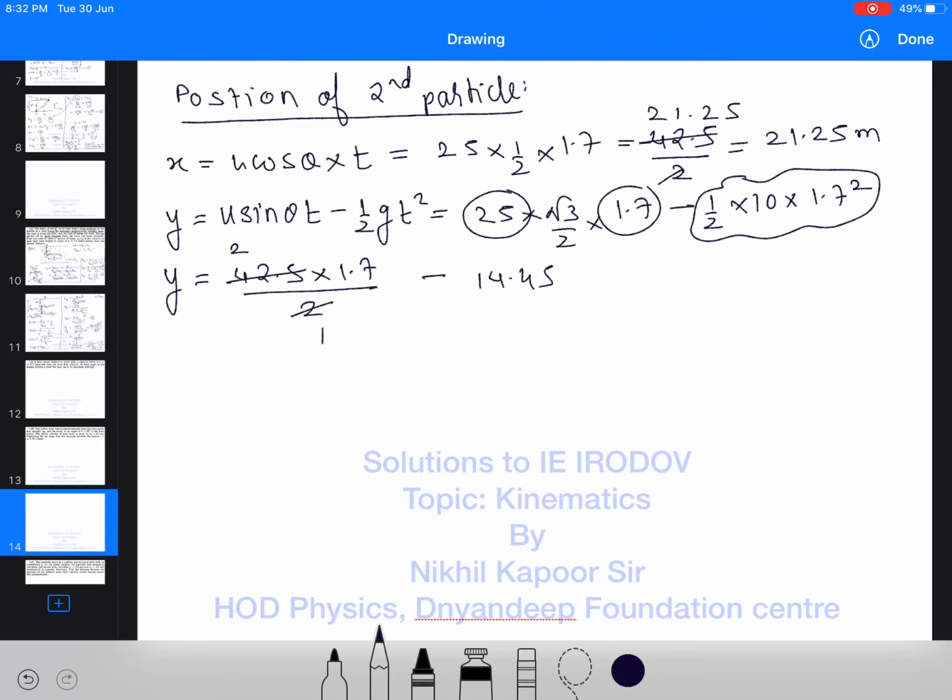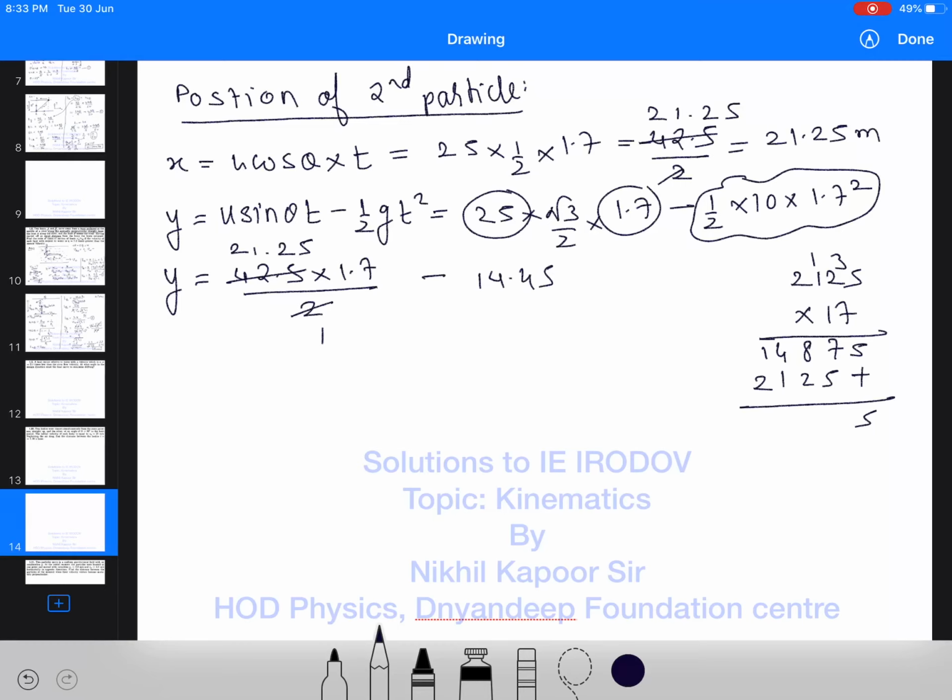Let's solve this. 21.25 multiplied by 17, so 2125 multiplied by 17 I will do. 7 5s are 35, 3 carry, 7 2s are 14 plus 3 is 17, 7 1 carry, 7 1s are 7 plus 1 is 8, 7 2s are 14.